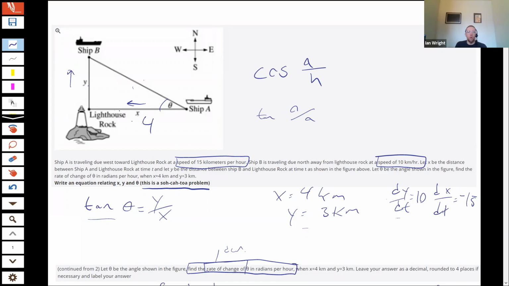Well, we know we have 4 and 3, right? What's my hypotenuse? Yeah. So we need to use the Pythagorean theorem to figure out what that cosine is.